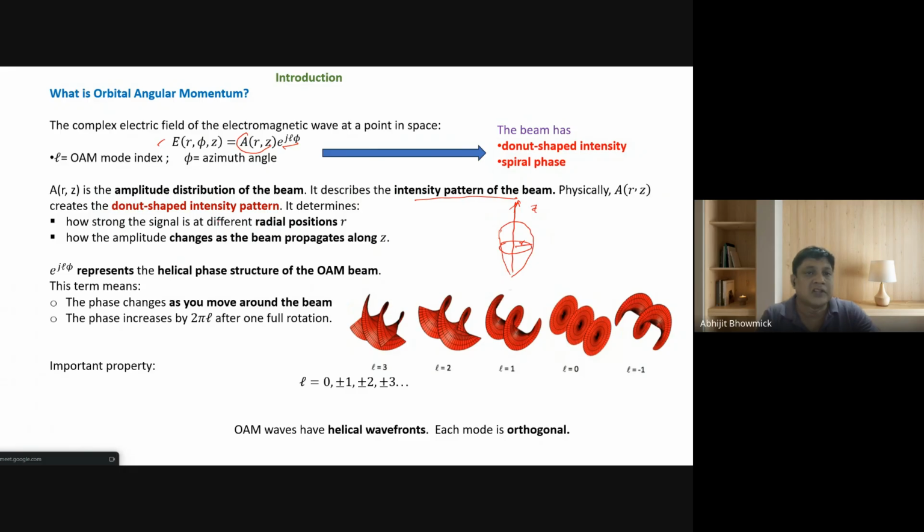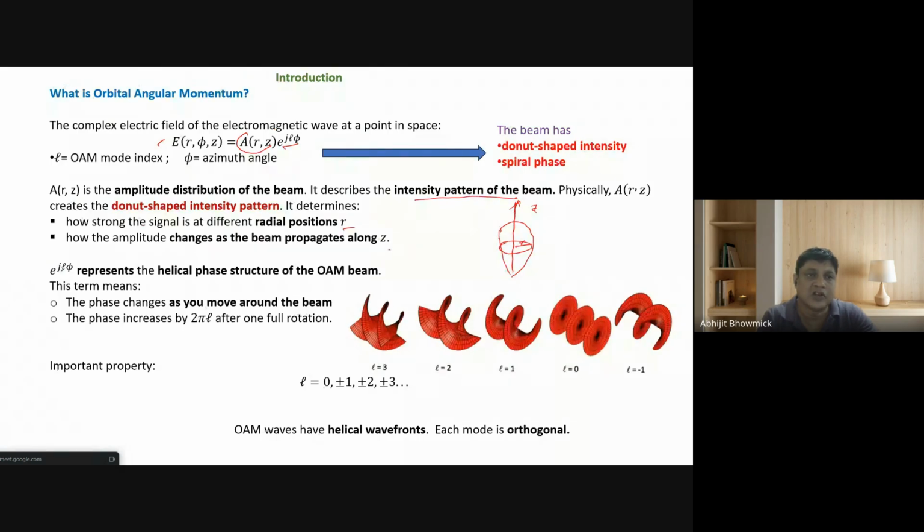How the signal is spread through the radial positions can be described by r, and how the intensity changes along the z direction, both can be described by A(r, z). So A(r, z) describes how the intensity varies in the radial direction as well as in the propagation direction z.